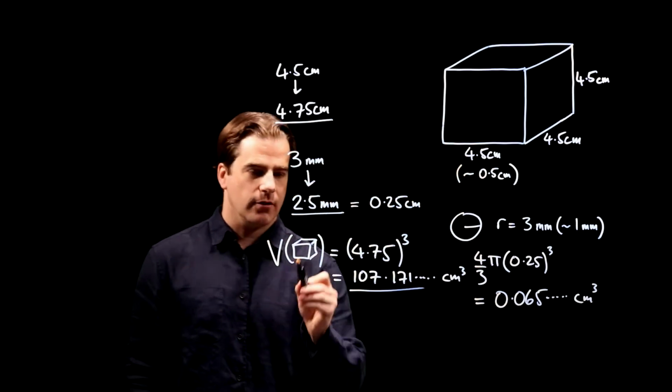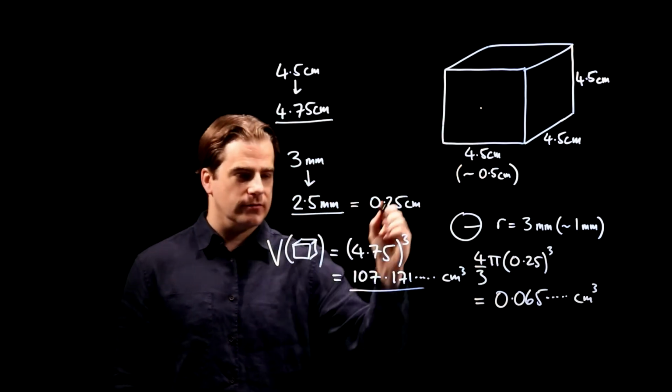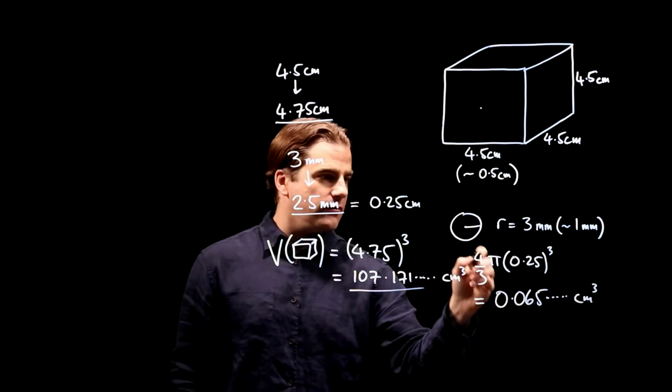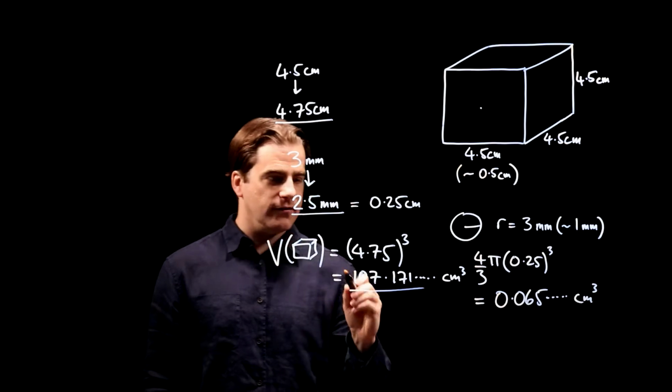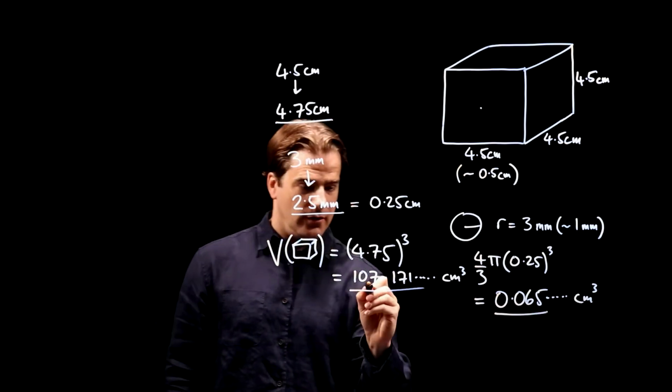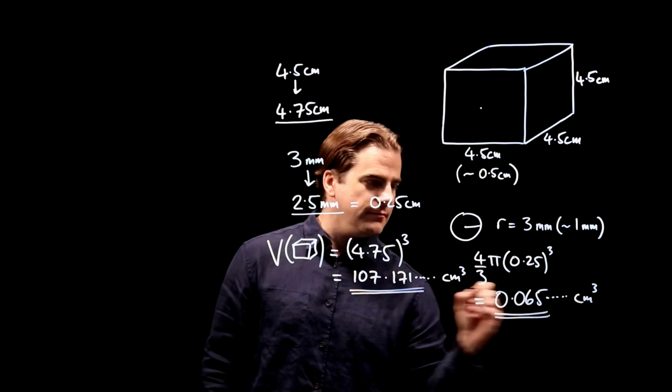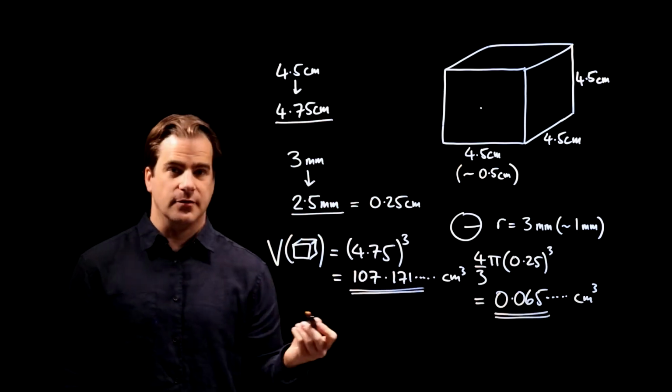Okay, we've got the volume of the cube, we've got the volume of the sphere. So if we divide the volume of the cube by the volume of the sphere, we can work out how many spheres we can make.